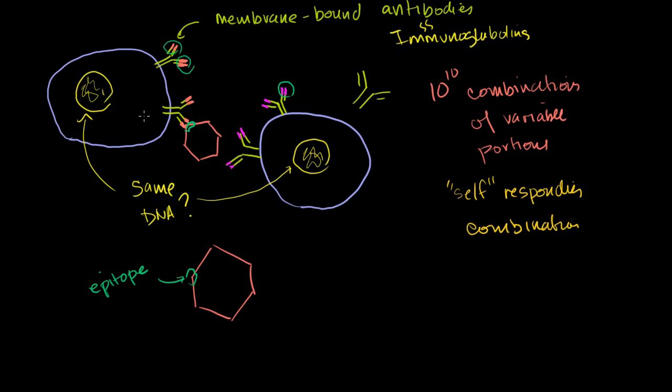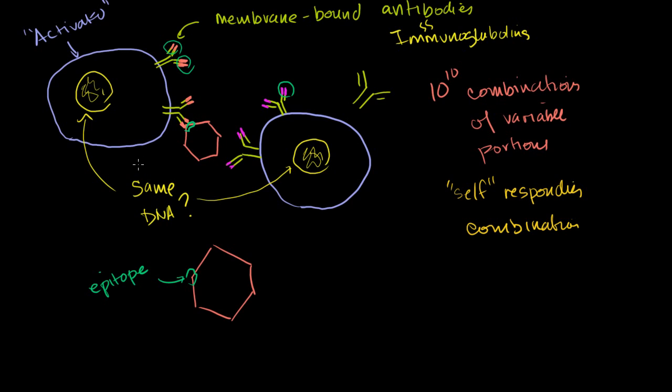And as soon as one of these B cells binds, it says, hey guys, I'm the lucky guy who happens to fit exactly this brand new pathogen. He becomes activated after binding to the new pathogen. And I'm going to go into more detail in the future.